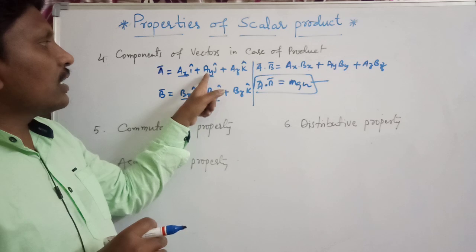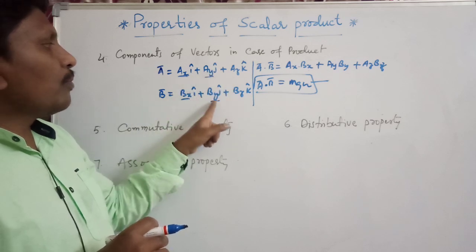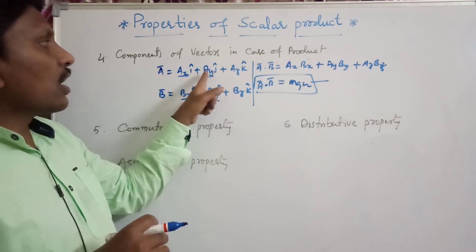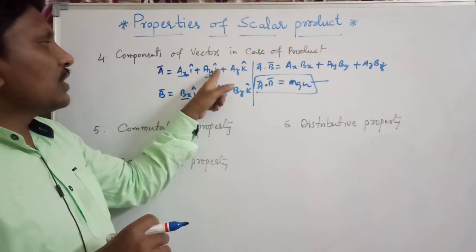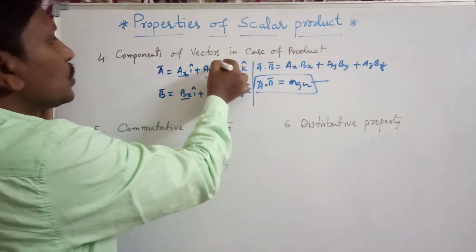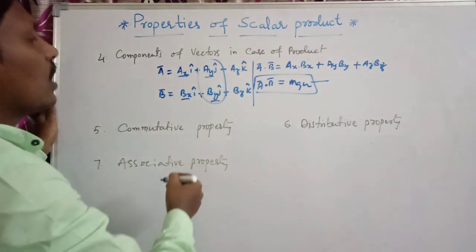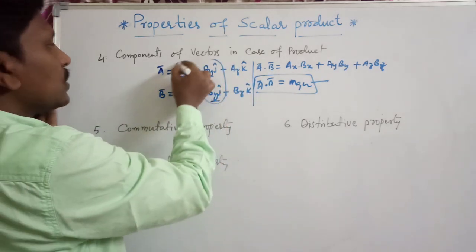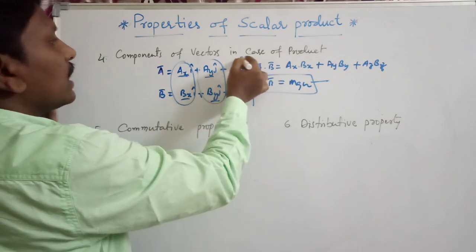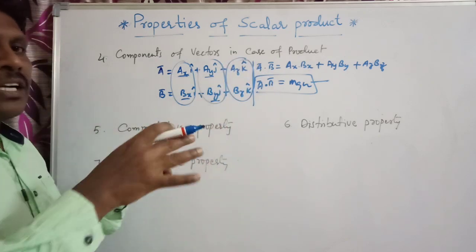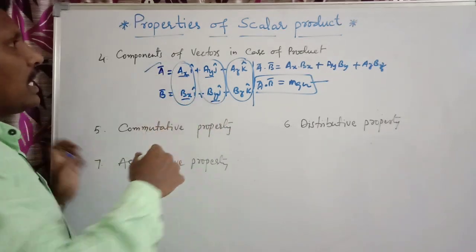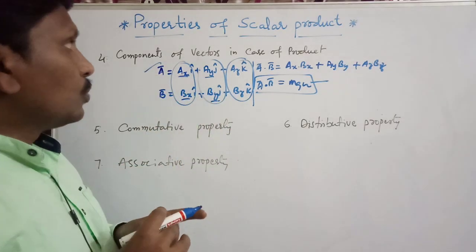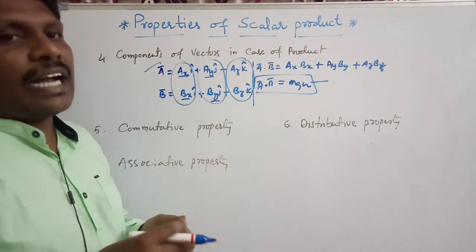These are ay j cap and by j cap, the components along the same orthogonal unit vector, and only such components must be multiplied. This is how two vectors should be multiplied.